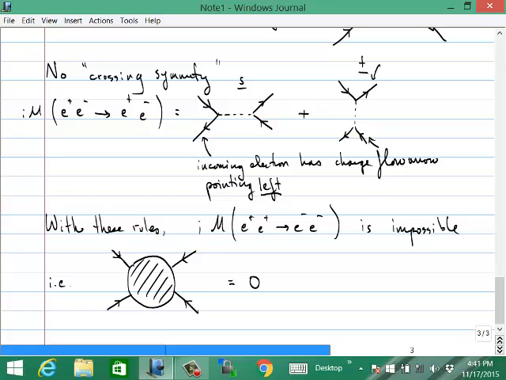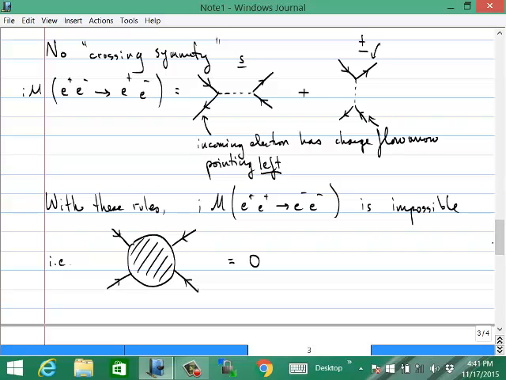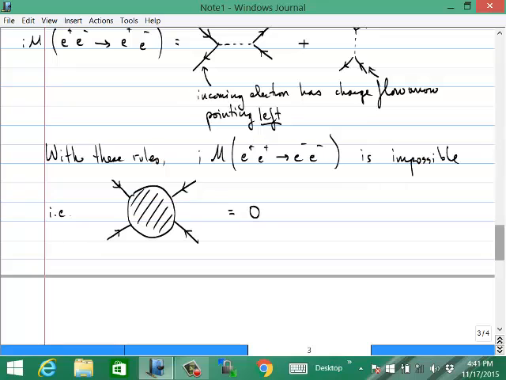Good. Okay. So I wanted to spend a little bit of time talking about the theory of charged particles and Feynman diagrams with charged particles, just because this notation where we have these charge flow arrows can get a little bit confusing.